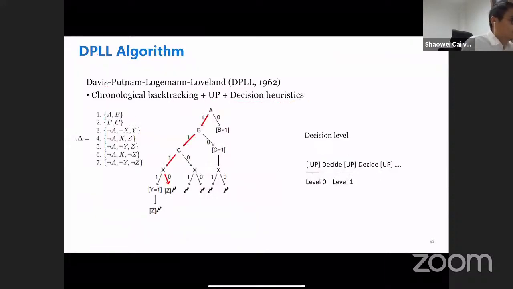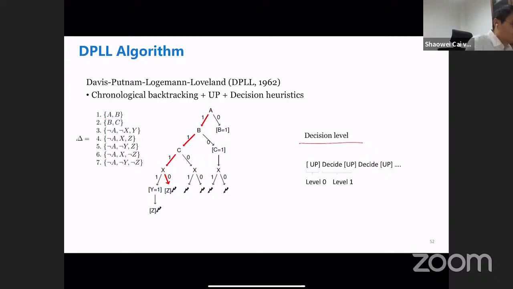And then we introduce a concept about decision level, which is important in DPLL and CDCL. The decision level describes at which level a variable is assigned, either by decision heuristics or by UP.